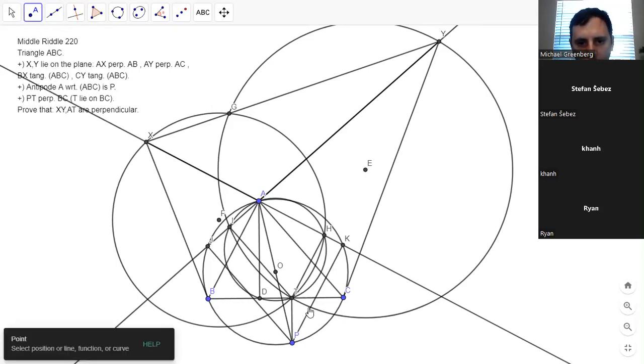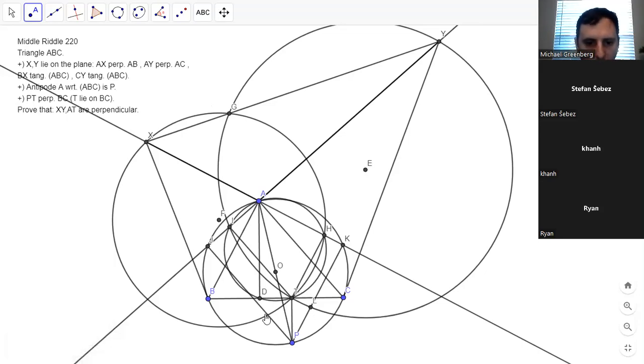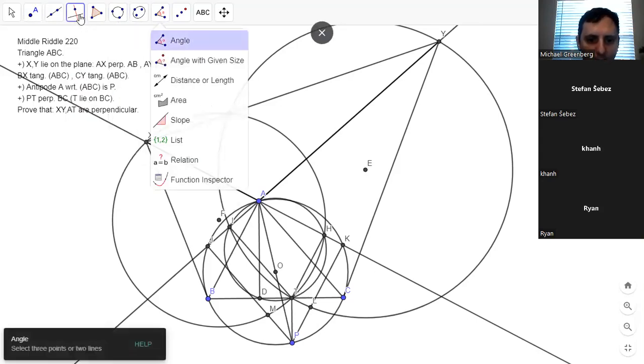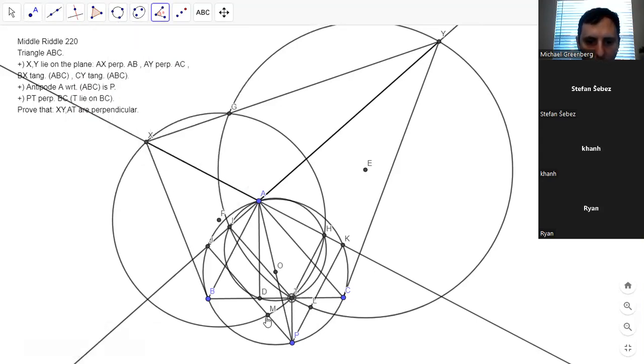Oh, is this a right angle right here? Angle TL. So are these the rectangles you were talking about? I don't know if this is actually a... No, that's not 90 degrees.